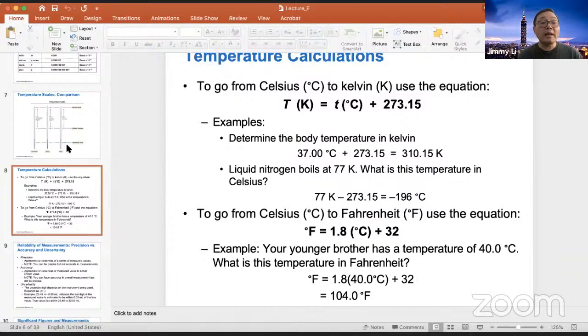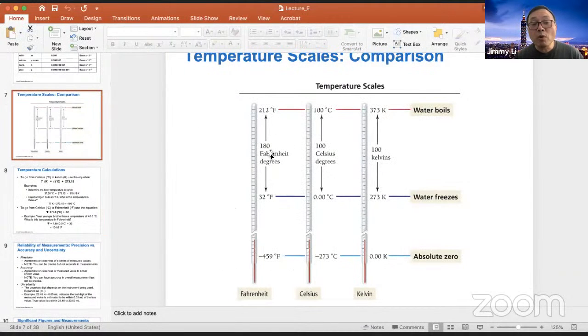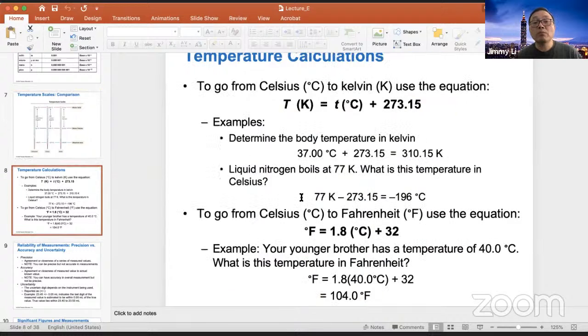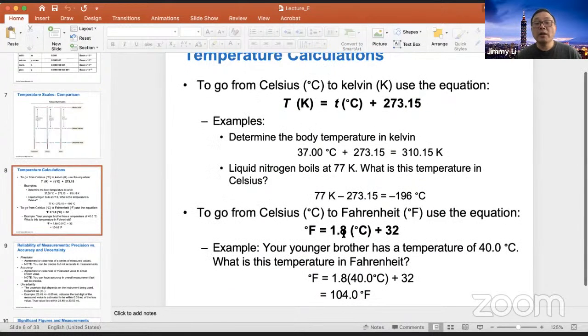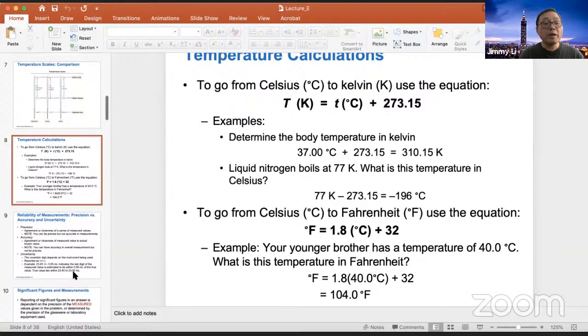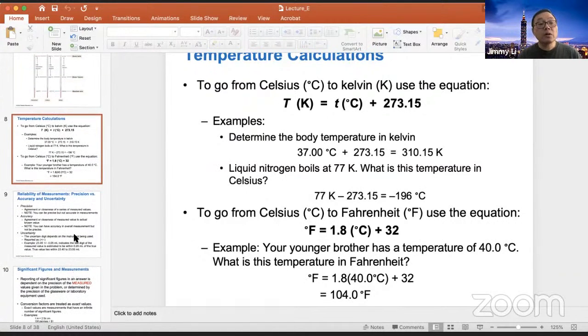That 1.8 is the ratio between 180 and 100. So 180 over 100, that's what 1.8 is about. Remember, those two are your formulas. You should know that. Any questions? And again, please do come and tell me in my live Zoom class.